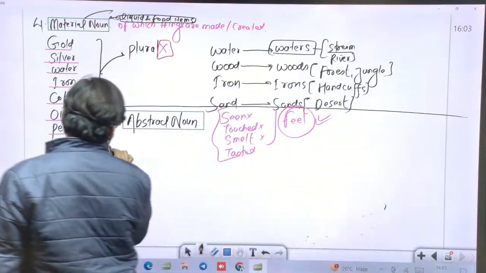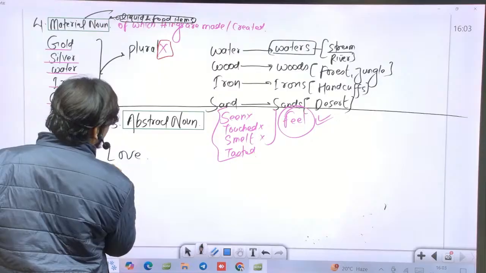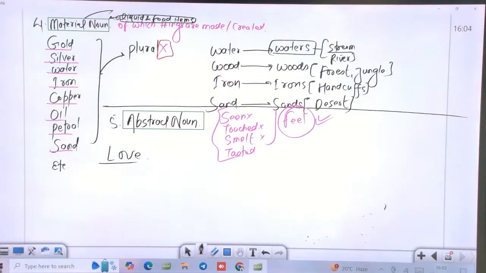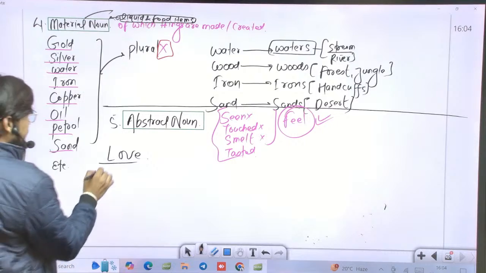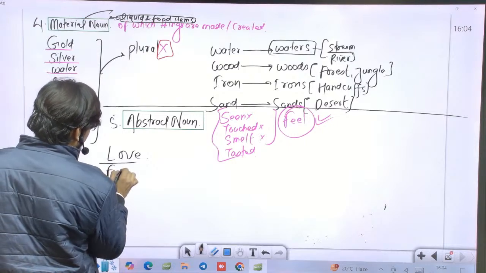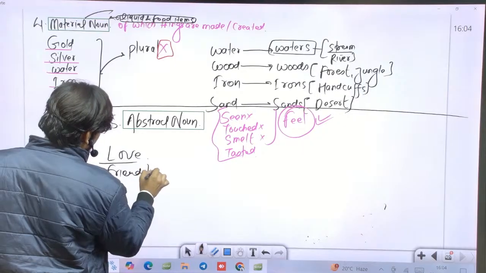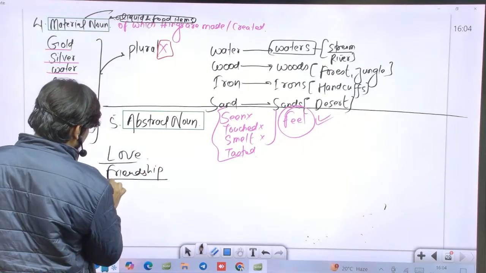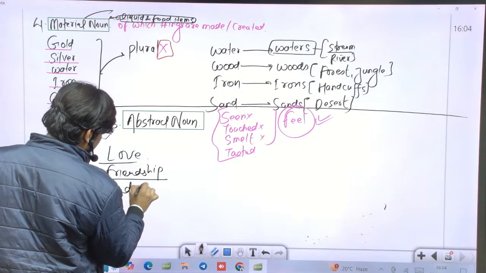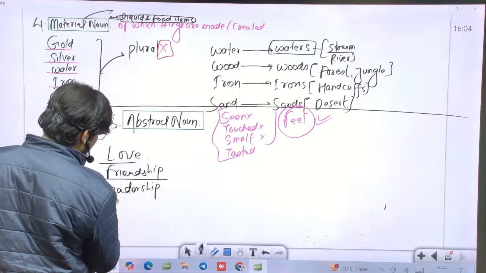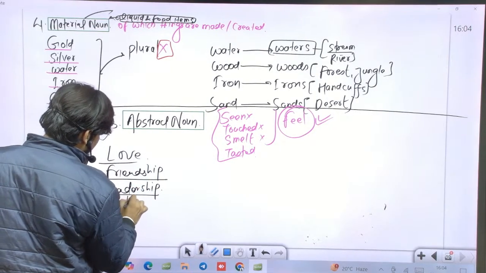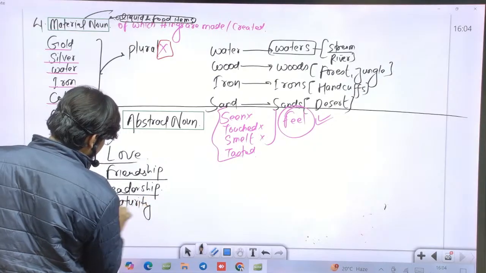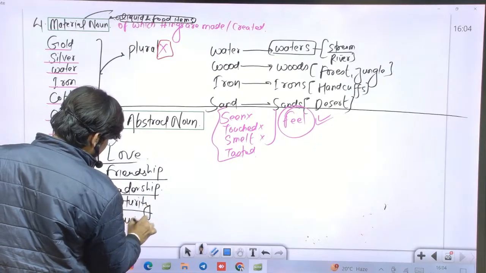There are so many examples. Love. Love cannot be seen, touched, or smelt, but it can be felt, sorry. Friendship. Leadership. Maturity. Education.